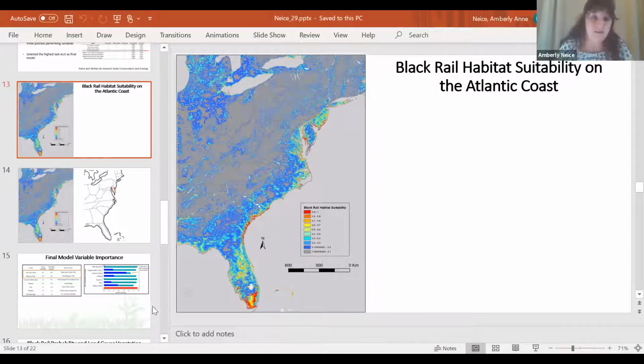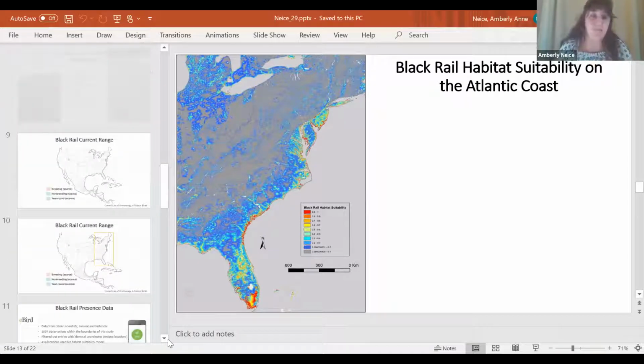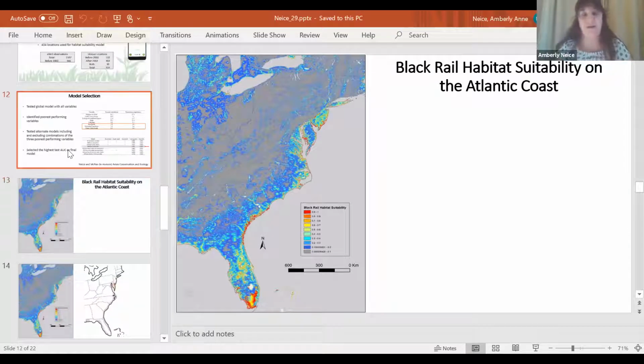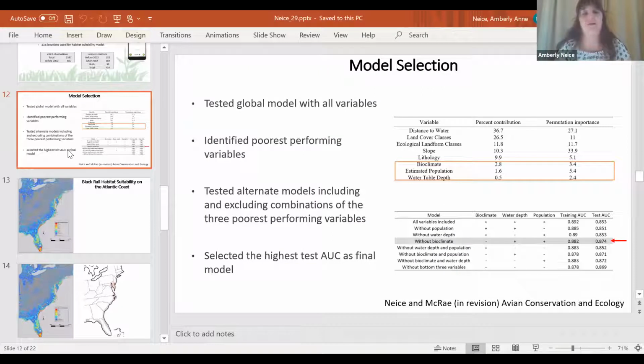And yes, by the nature of this data, some variables are going to contribute to the model more than others. And yes, the slope was one of the lower ranking contributors to the model. Thank you.